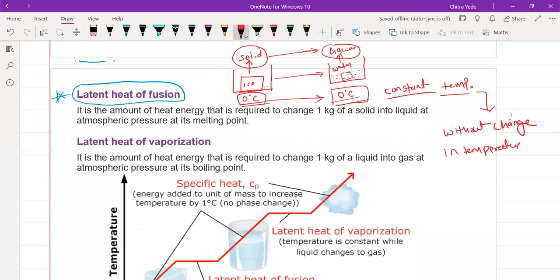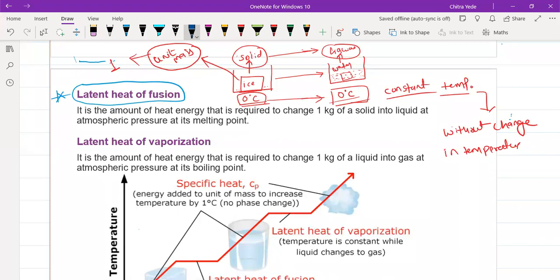Okay, and we have just taken the mass of the ice as a unit mass. I am writing here unit mass. It may be 1 gram, it may be 1 kilogram, it may be 1,000 grams, or 100 kilograms, whatever. It must be unit 1.